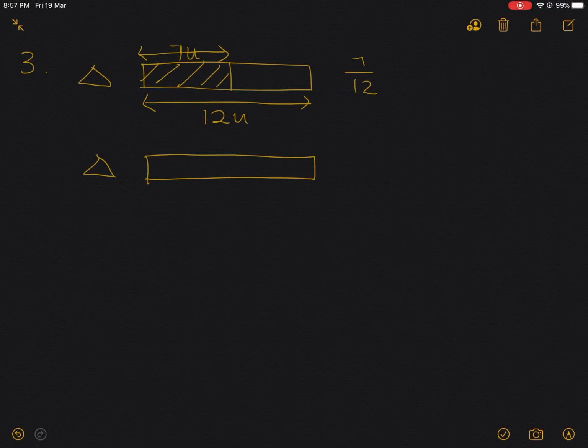So we can draw the same length for the bar model. And it's 5 out of 8. So the total is 8 units, and this is 5, okay? Filled with salt. And I'm going to write the fraction here.